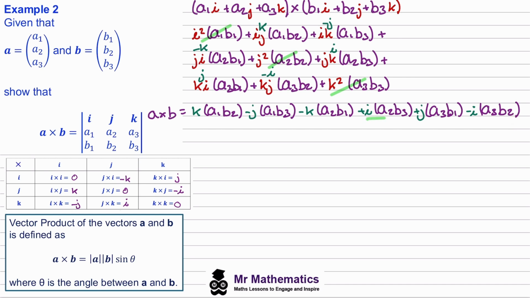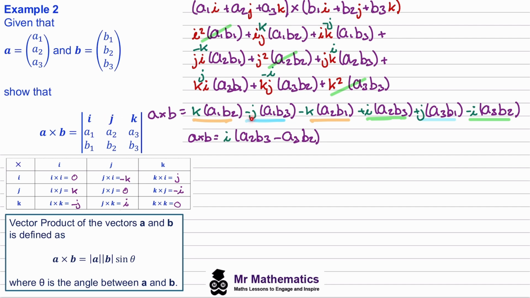And vector A crossed with vector B simplifies to all of this. So now we can group the i terms together, the j terms together, and the k terms together. So we'll factor out this i, and we'll get A2B3 minus A3B2. And we know that when we find the determinant of this 3 by 3 matrix, we're looking at a negative j term.